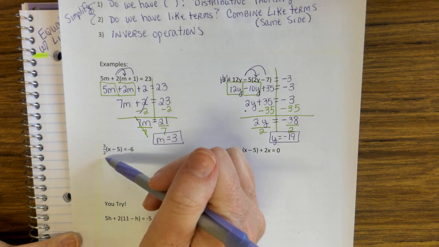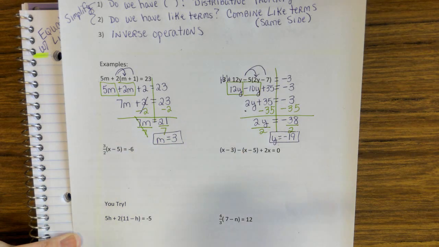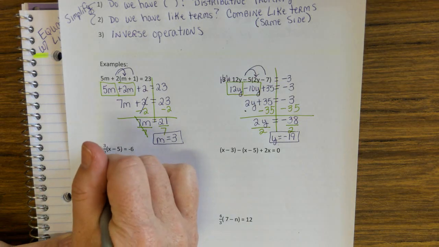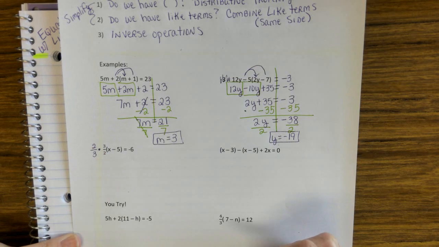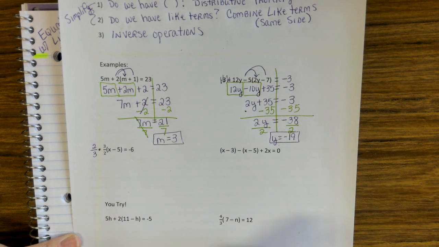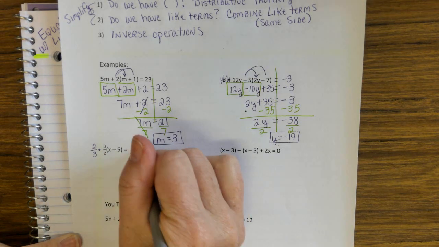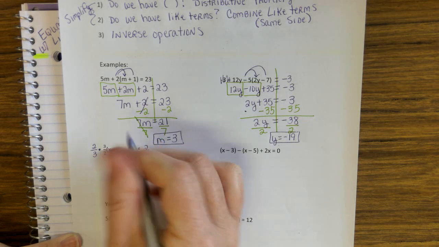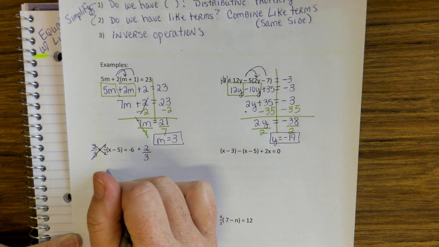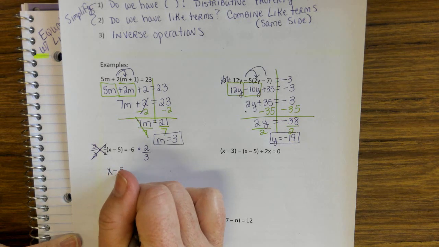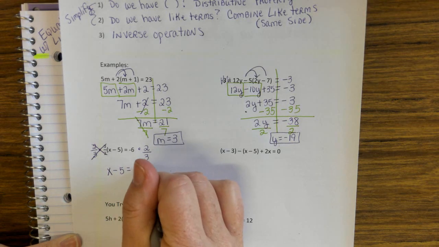You should know that when we have fractions and we're trying to cancel them out, we can simply multiply by the reciprocal, which is the same thing as dividing by 3 over 2. So you could just multiply by the reciprocal on both sides to cancel it out. And so now we have x minus 5 equals negative 4.